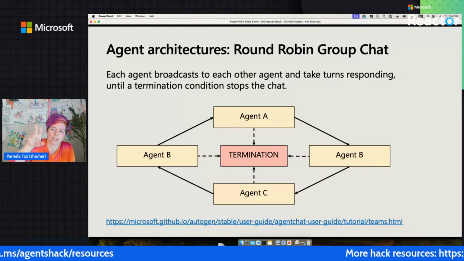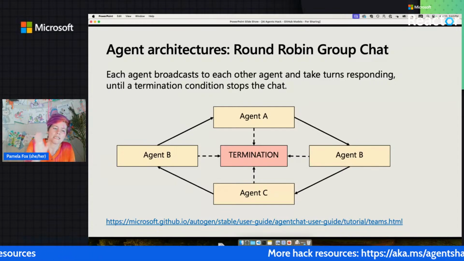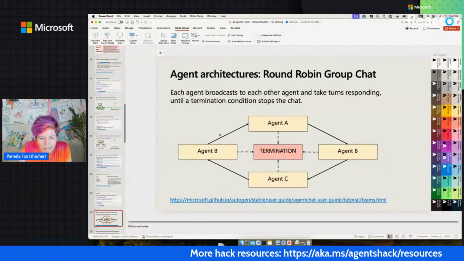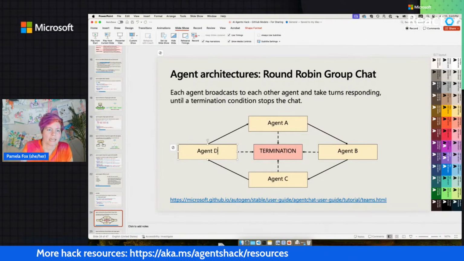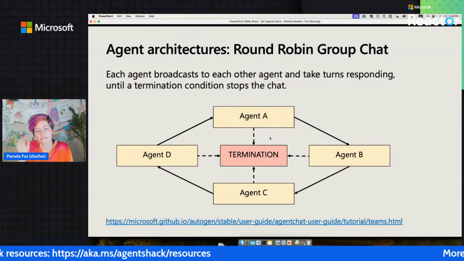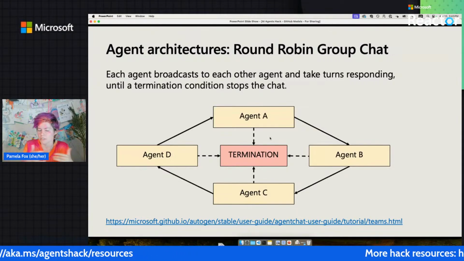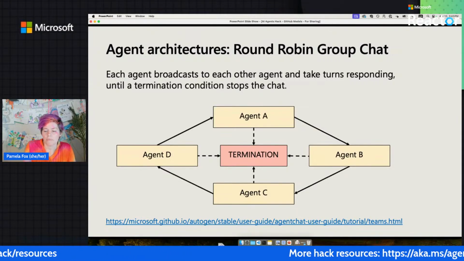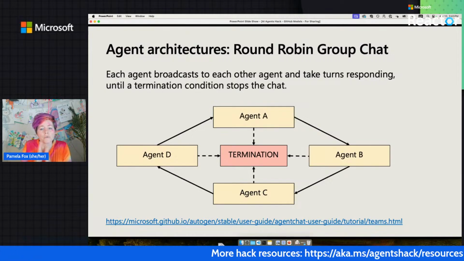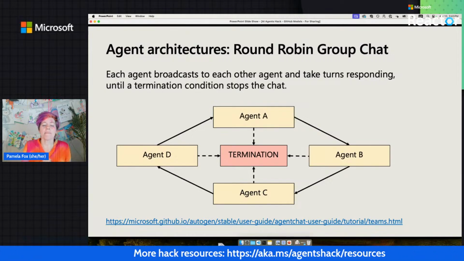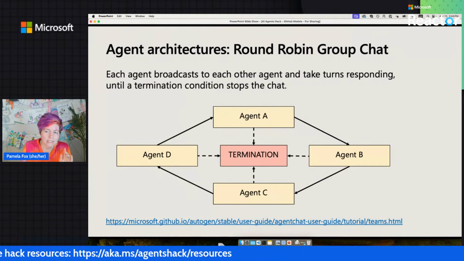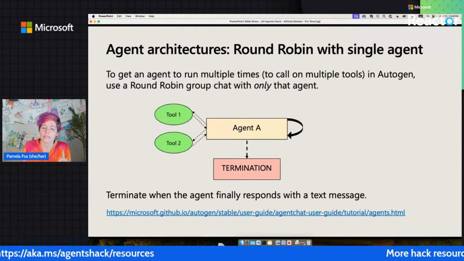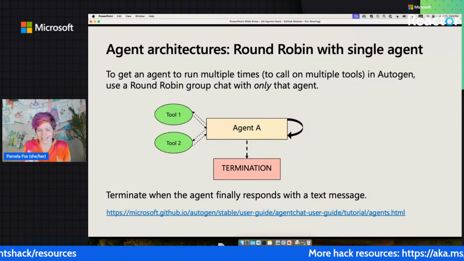First you have agent A, then agent B, then agent C, then agent D, until finally you get a termination condition. At any point the termination condition could happen and the chat would stop. So to do the same thing that we just did with the OpenAI Agents SDK, we actually need to use the round robin group chat with a single agent.